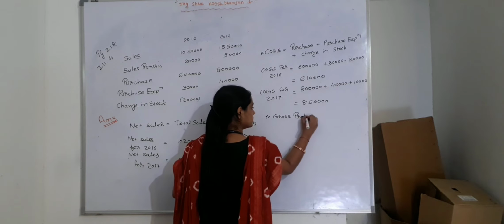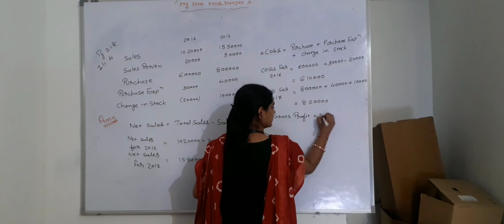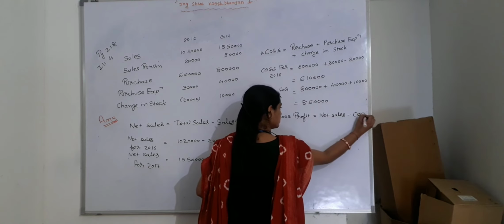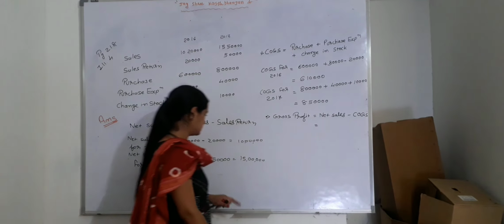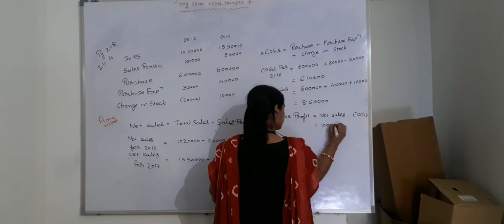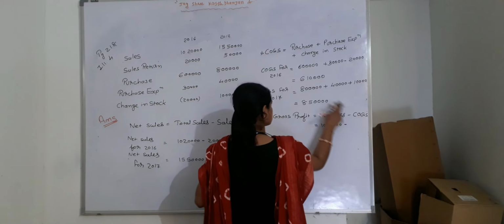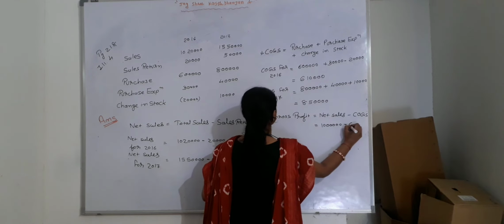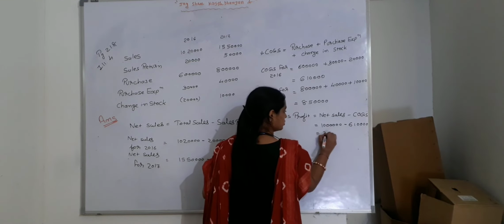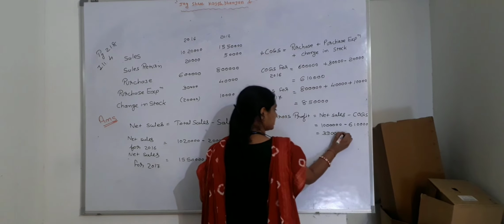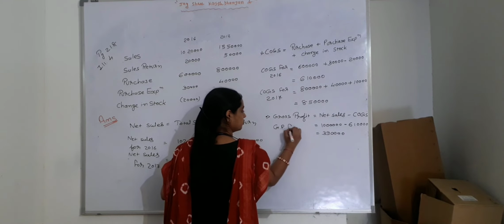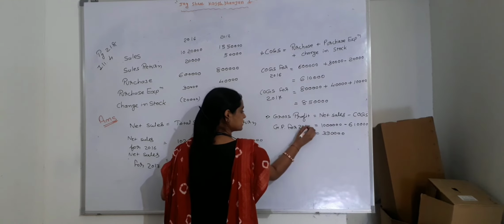Now we'll find gross profit. Gross profit is equal to net sales minus COGS. Net sales is 10 lakh minus COGS 6,10,000. That means 3,90,000 is our gross profit. That is GP for 2016.